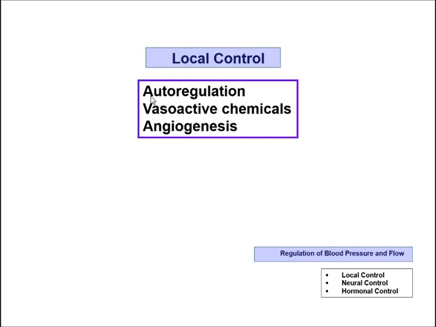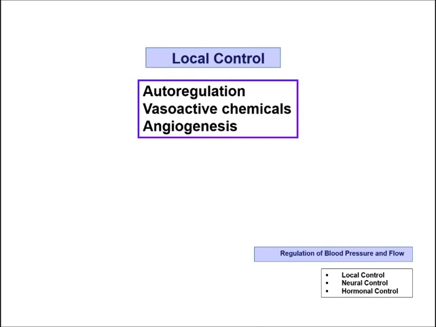Okay, moving on to vasoactive chemicals. A couple of examples of that. A big example is nitric oxide, NO. This is a real interesting chemical that's secreted from the endothelial cells, meaning the cells that will be in contact with the blood.